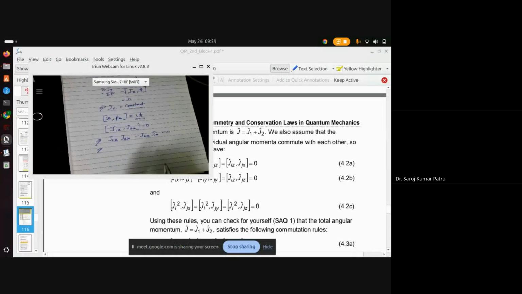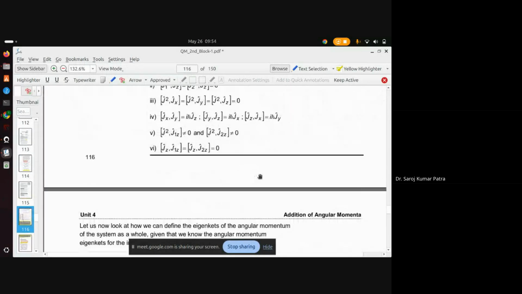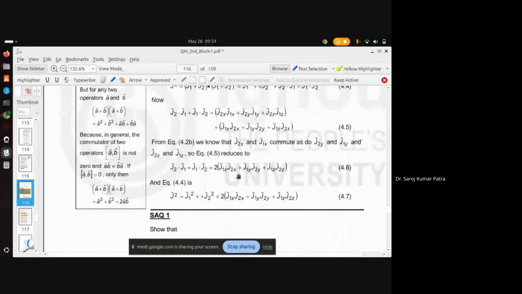This implies J1x J2x is equal to J2x J1x, right? Isn't it? Yes, sir. Yeah, if that is the case, then what is that? Yeah, here.